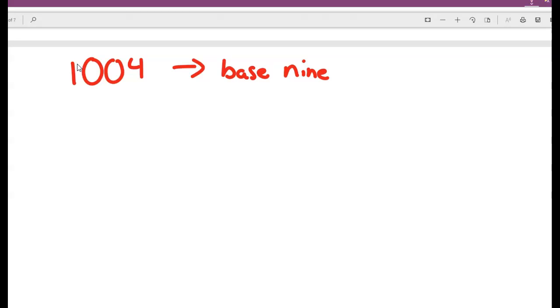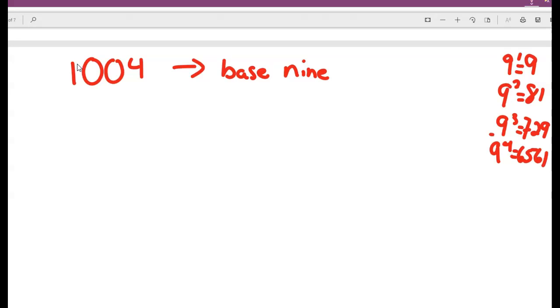And so let's look at the powers of 9. 9 to the first is 9. 9 squared is 81. 9 to the third is 729. And 9 to the fourth is 6,561.